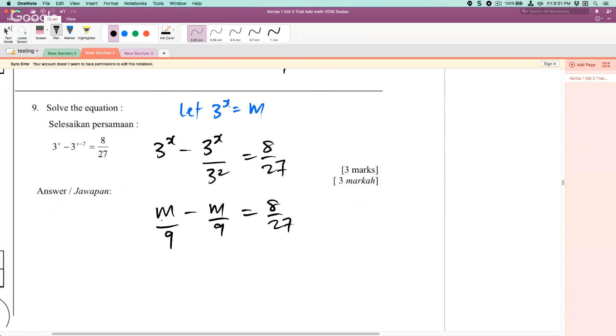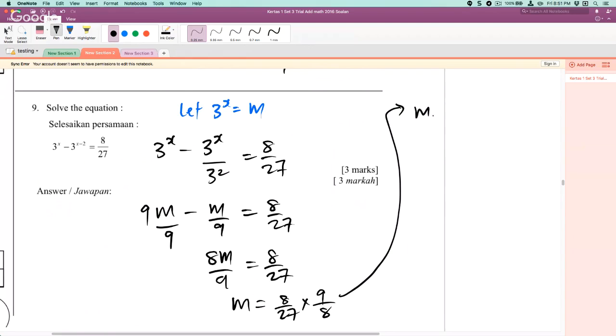I will multiply by 9, multiply by 9, so I get 8m over 9 equals 8 over 27. So m equals 8 over 27 multiplied by 9 over 8. If I simplify it, I should be able to get m equals 1 over 3. So what is my m? My m is 3 power of x. What is 1 over 3? It is 3 power of negative 1. So x equals negative 1. All right, very easy.